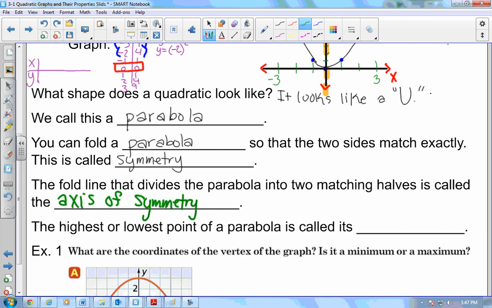Oftentimes we abbreviate that AOS, capital A, lowercase o, capital S, because the word of isn't very important, so it's lowercase. AOS, axis of symmetry. The fold line that divides the parabola into two matching halves is called the axis of symmetry.